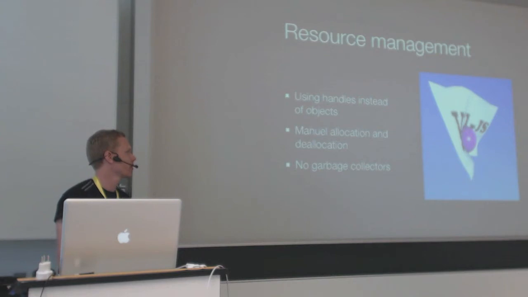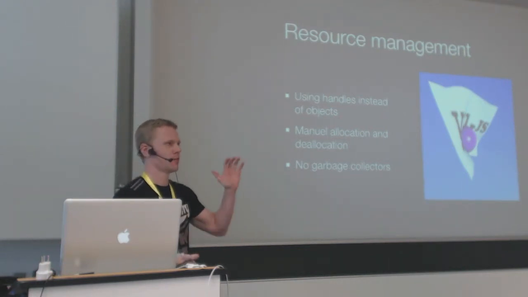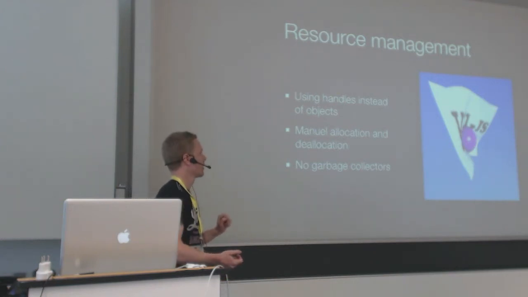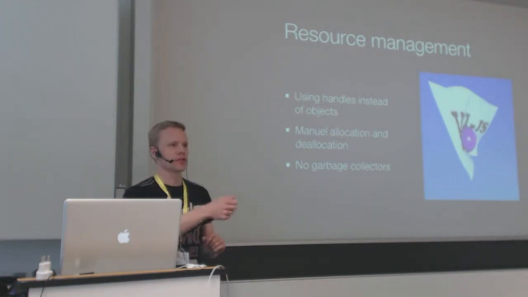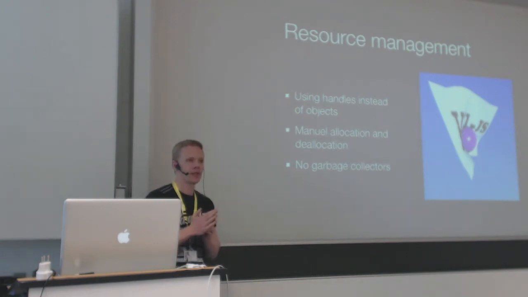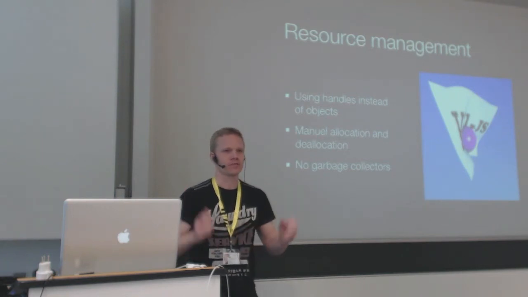Another problem with WebGL is that, as I pointed out before, you basically just work with one major class with a lot of functions. The way you handle references is by handles. And what does that mean? What is a handle compared to an object?